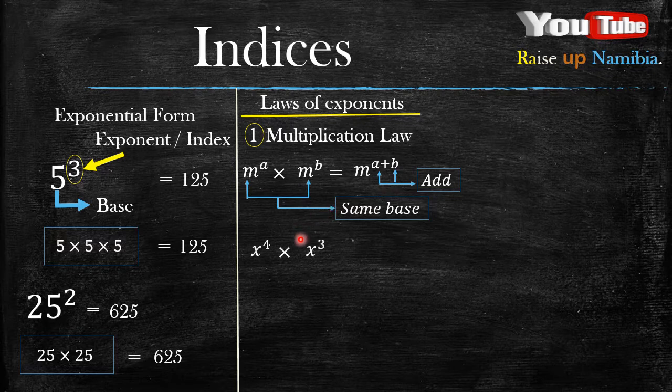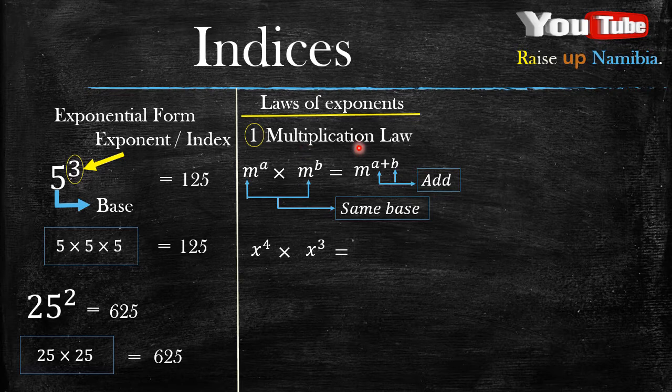So let's look at this example. What do we do here? Number one, ask yourself, are the bases the same? Look at this base. What's the base here? The base here is x. What's the base here? It's also x, meaning the two bases are the same. Now what does the law say? The multiplication law, because here we have a multiplication sign, we use this law.